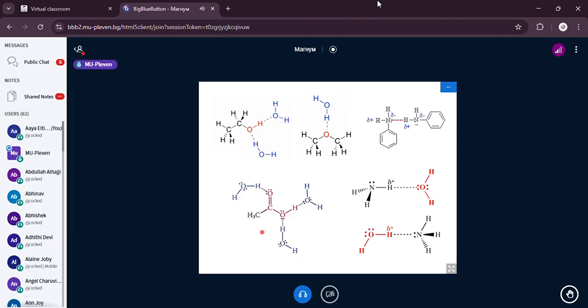Acetic acid, ethanoic acid, of course. And here are shown hydrogen bonds of carboxyl of this acid with water molecules.